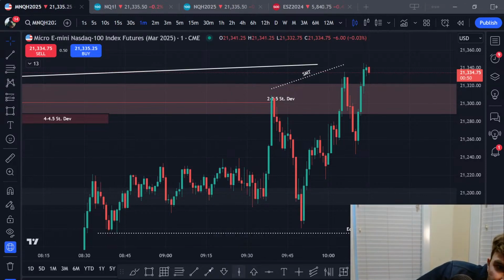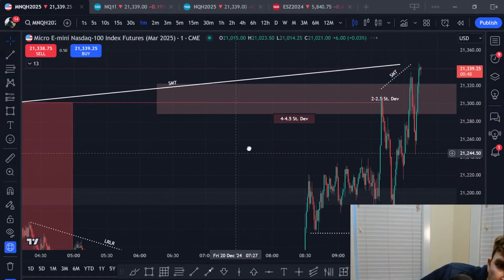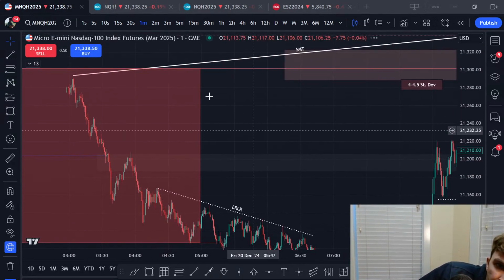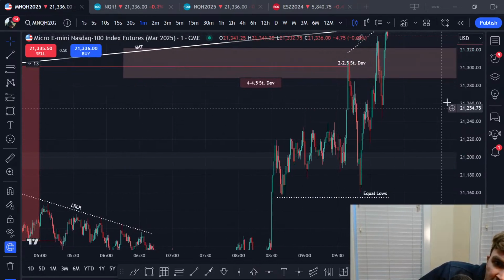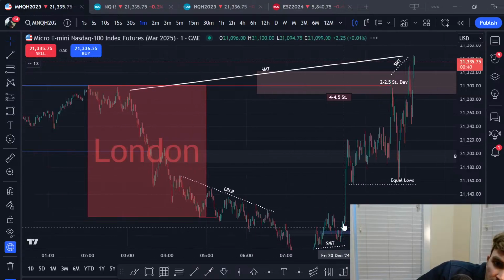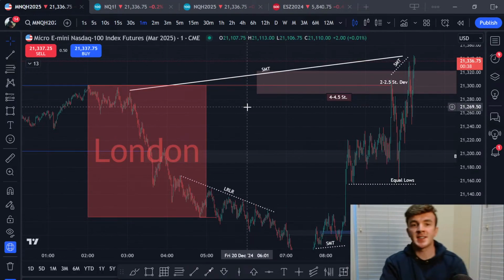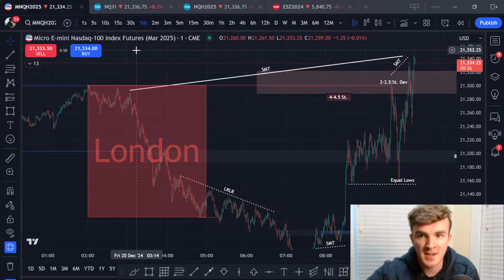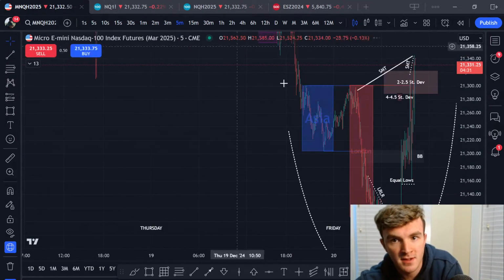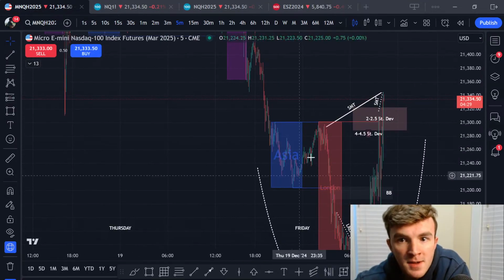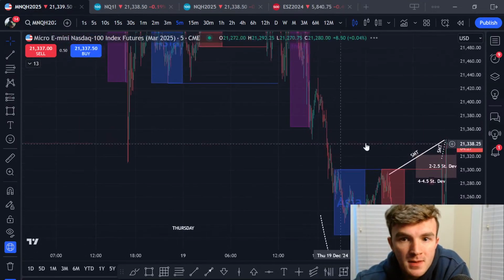It's hard when I feel like I'm constantly going against the wind, because I'm constantly going against the bias. Even though we already hit London Asia's highs, that doesn't make us bearish. I guess that's a good lesson, is even though we hit London Asia's highs, it doesn't necessarily make us bearish yet. But possibly soon.